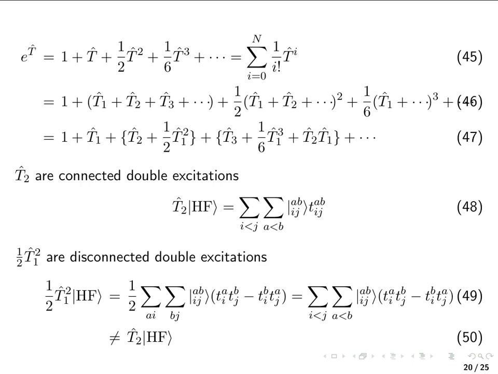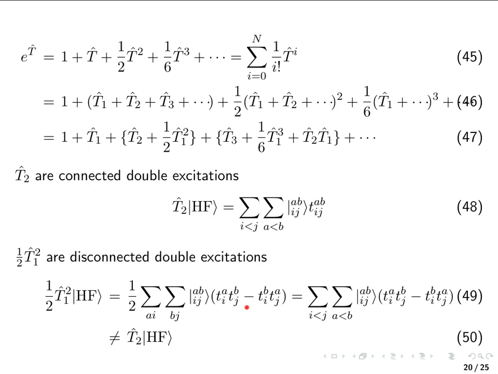First I let one T1 operator act on Hartree-Fock, which gives me a singly excited determinant, for example i to a, and then I let a second T1 operator act on it, which gives me then, for example, j to b. So I get again a doubly excited determinant, but now the amplitudes are single excitation amplitudes multiplied together, and not one combined double excitation amplitude. Therefore, this contribution to the doubles is called the disconnected double excitations.